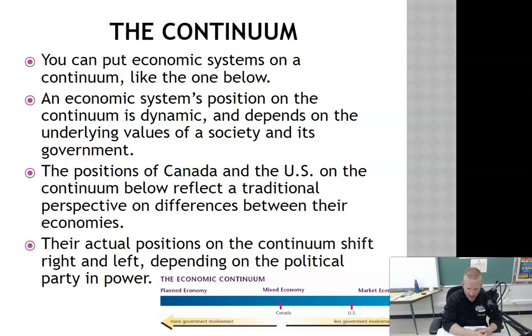So the USA is a shift right, which means the government's kind of hands off. You start your business. If you fail, you fail. If you succeed, great. In a mixed economy, Canada, we are much more market. So again, it's dynamic, it shifts. We are more market, but in a mixed economy, it means we have some government control and some privately owned.